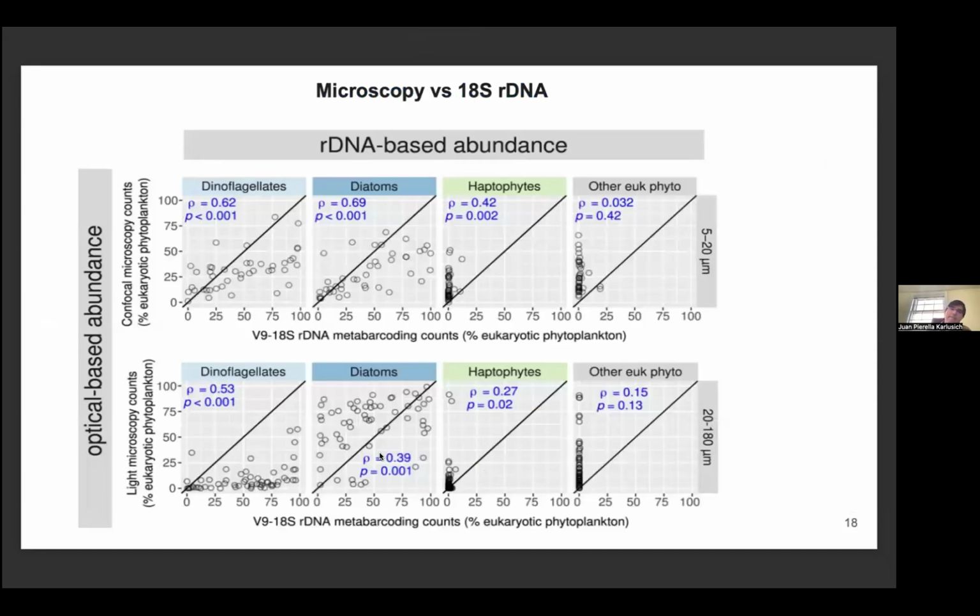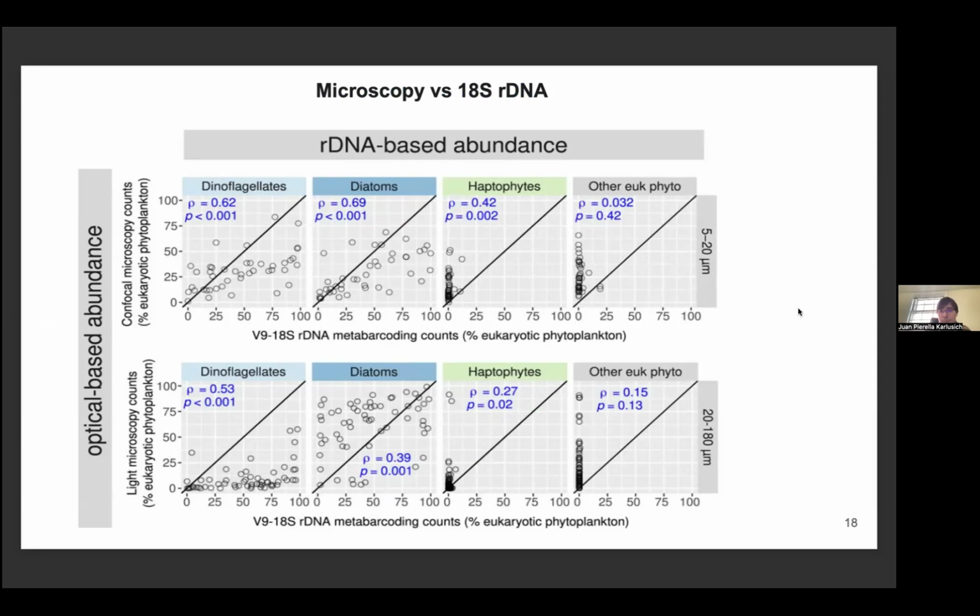And here is the validation. The validation was carried out by comparing, from the Tara Oceans data, the different imaging datasets with the 18S ribosomal DNA, as well as the PSBO DNA. In this case, you can see the comparison between microscopy and the 18S ribosomal DNA.